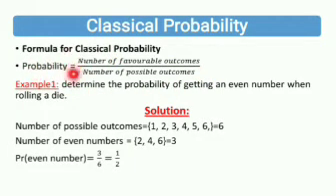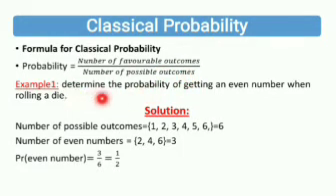So the formula is the number of favorable outcomes over the number of possible outcomes.